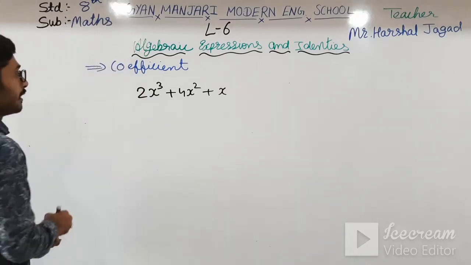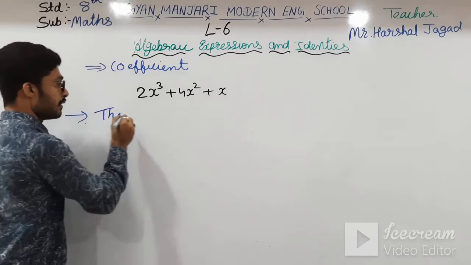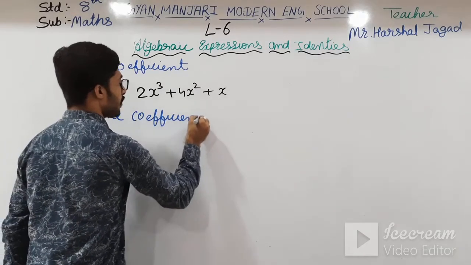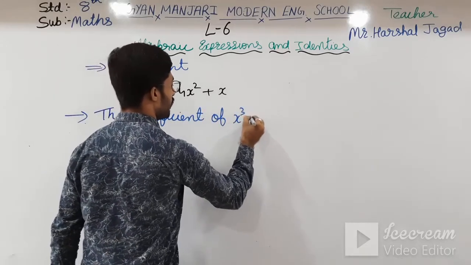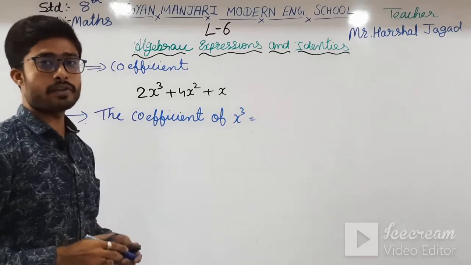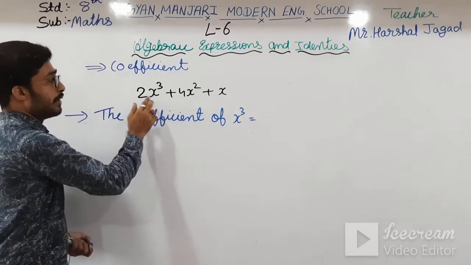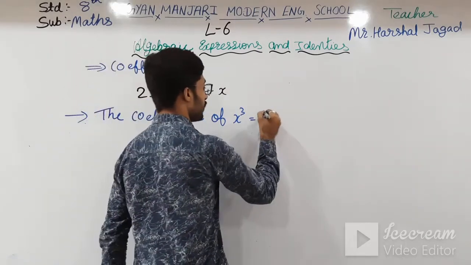If I tell the coefficient of x cube, what is the coefficient of x cube? The number which is before x cube is its coefficient, that is 2.